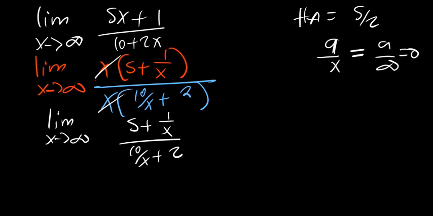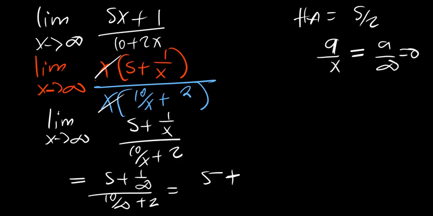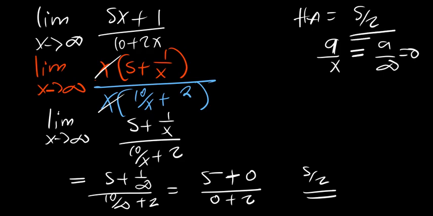I'll stop writing the limit. It equals 5 plus 1 over infinity, divided by 10 over infinity plus 2. 1 over infinity, I said is 0. 10 over infinity is 0, plus 2. The answer is 5 over 2. Here we said the horizontal asymptote is 5 over 2. The horizontal asymptote and the answer for the limit as x approaches infinity are the same.